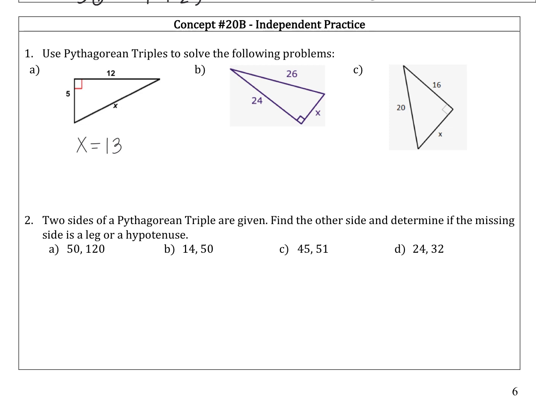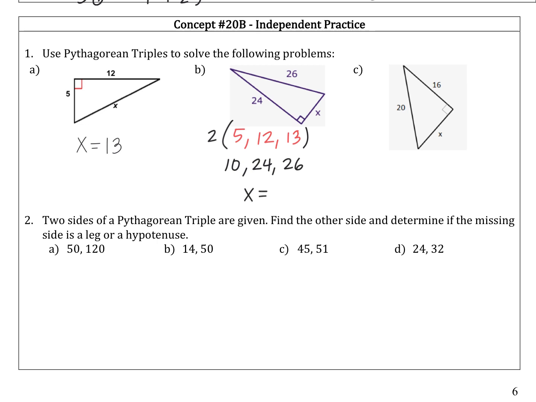So it's a multiple of 5, 12, 13 times what? 2. So if you multiply 5, 12, and 13 times 2, then you get 10, 24, 26. So what's your answer?